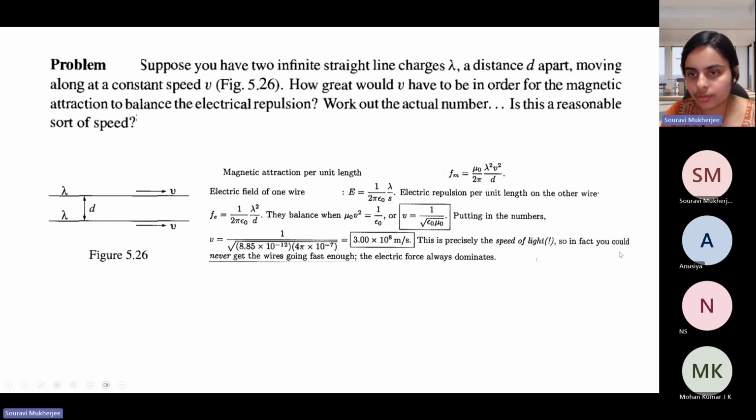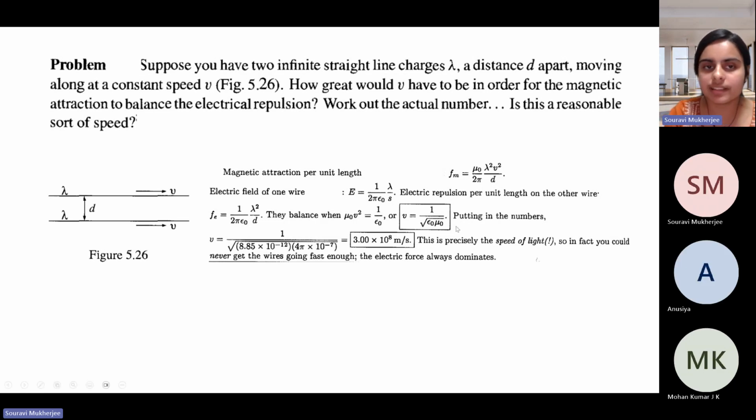So this tells you that the electric force always dominates. In order to balance the electric repulsion, the speed of the charges has to be equal to the speed of light, so you are never having the wires moving that fast, and so the electric forces always dominate.